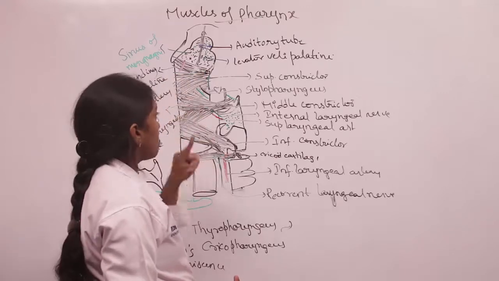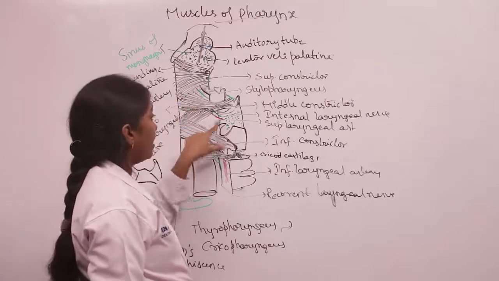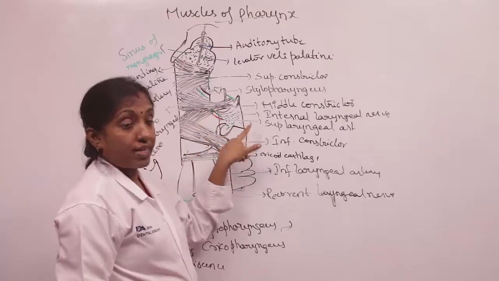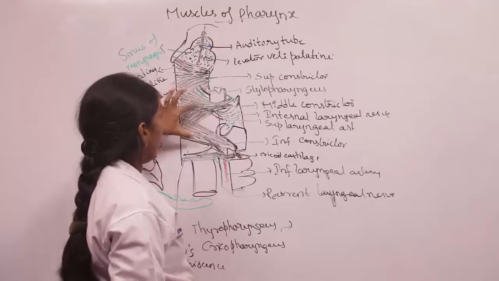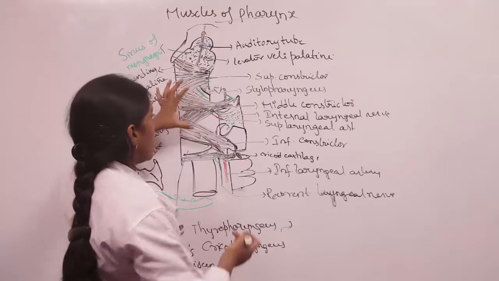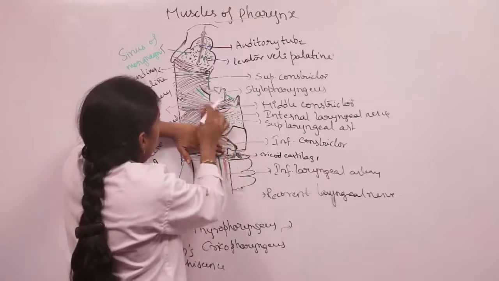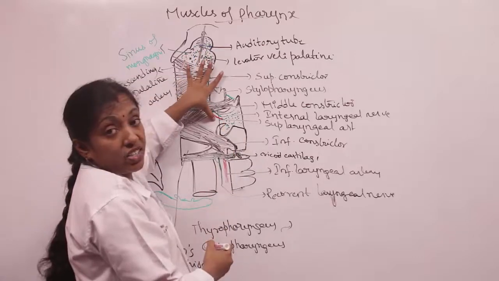And coming to the structures passing between the middle and inferior constrictor, we have the internal laryngeal nerve and superior laryngeal vessels. So this is the middle constrictor and this is the inferior constrictor. Structures passing between the middle and inferior constrictors are the internal laryngeal nerve and superior laryngeal artery.